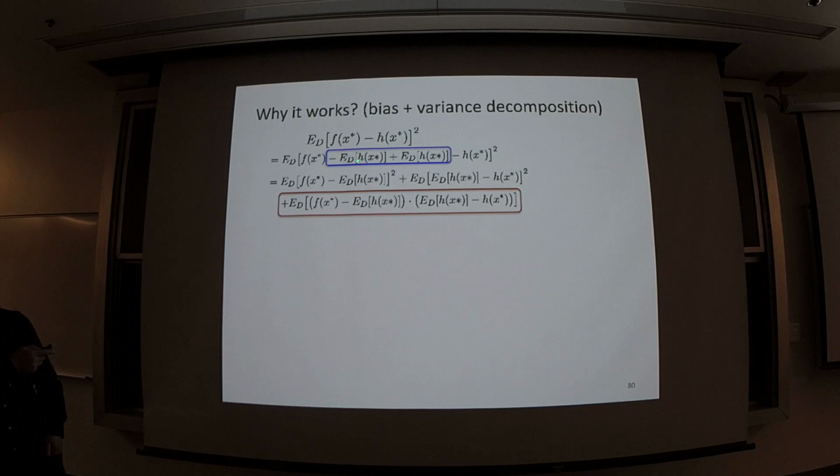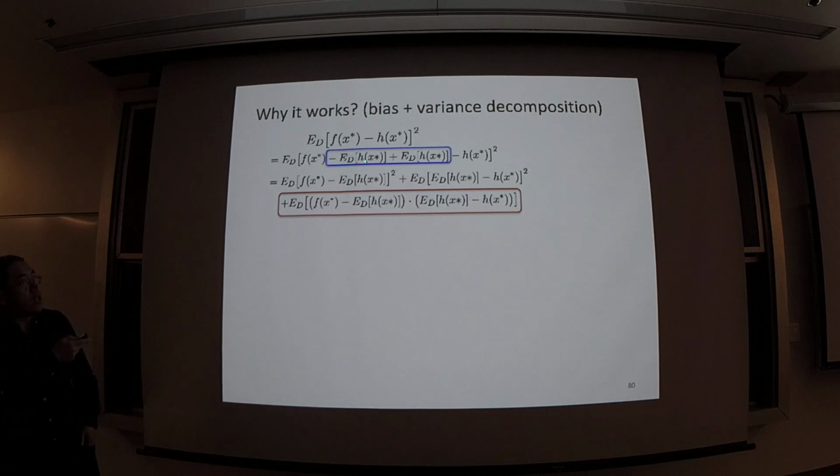But here we should know the meaning of this. The expectation of the prediction of my learned classifier means: if I use dataset 1 to train a classifier, I have a prediction on x star. I sample another dataset, D2, to train a classifier, I get another prediction.